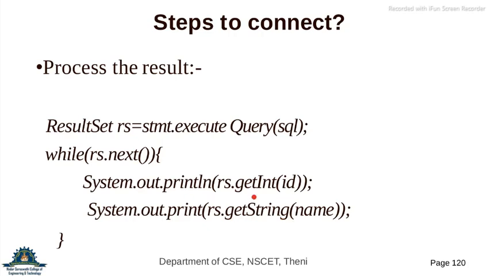So you will be retrieving every database, which also includes the column headers. Id is a column header and name is a column header, so that you are able to retrieve the data very easily.